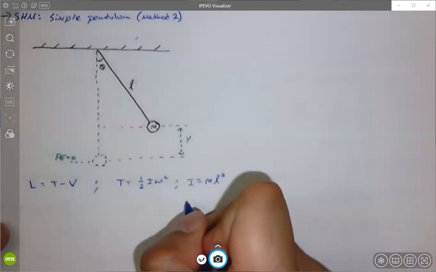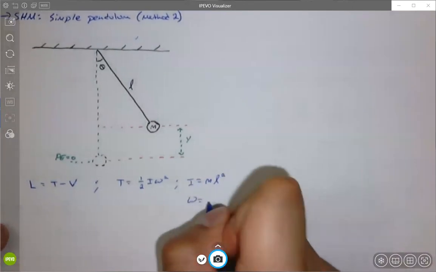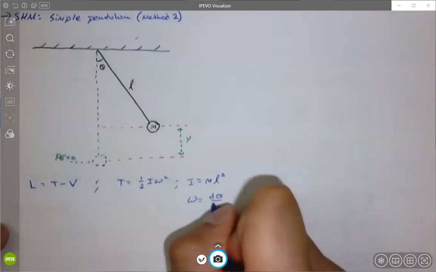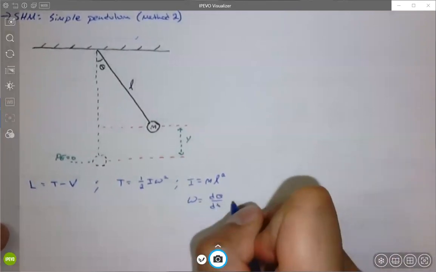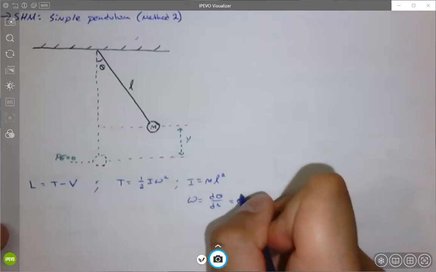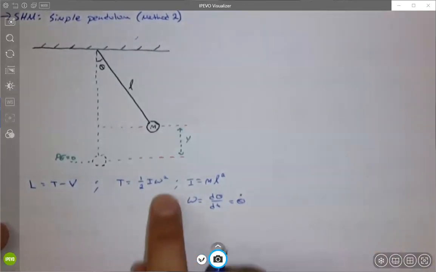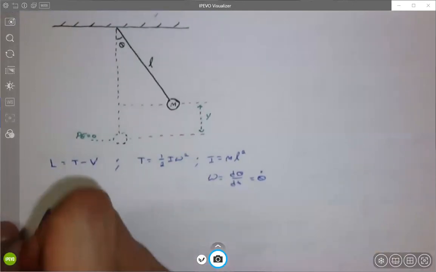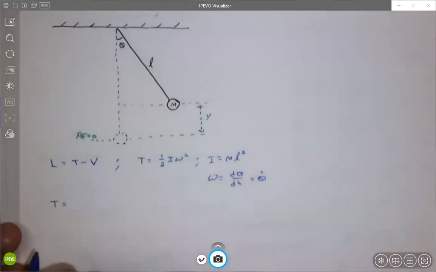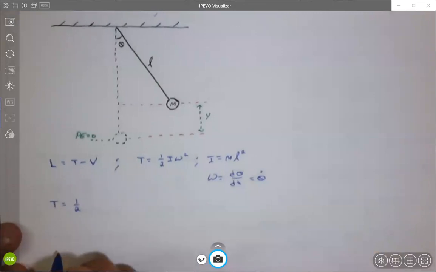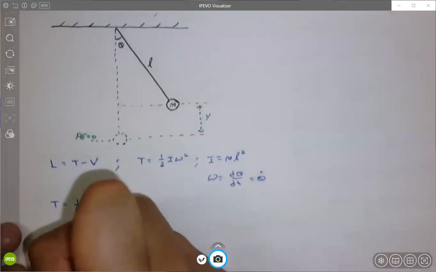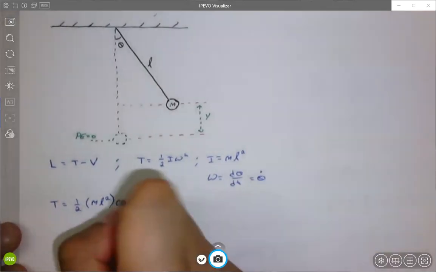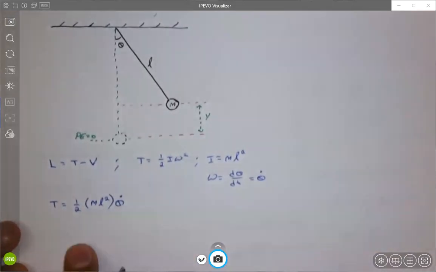And omega is going to equal the change in angular position over time, which is just theta dot. So we can do the substitution, and the kinetic energy is going to equal 1/2 (ml squared) times theta dot squared. That's our kinetic energy.